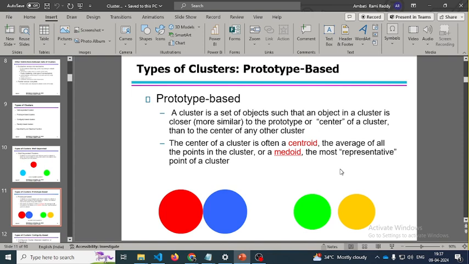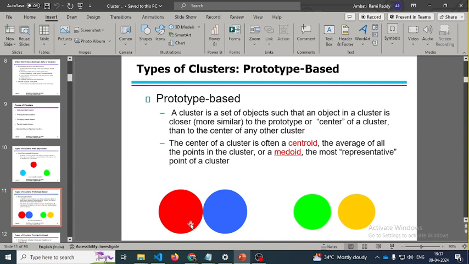The next type of cluster is the prototype based cluster. What does prototype based cluster mean? A cluster is a set of objects such that an object in a cluster is closer to the prototype or center of the cluster than to the center of any other cluster. This is a kind of prototype based clustering.